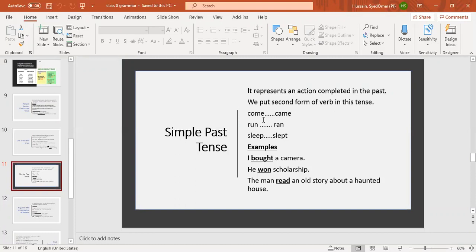Number 5. Haris met Akila while he was traveling to Sakkar. Continuation will come with while.